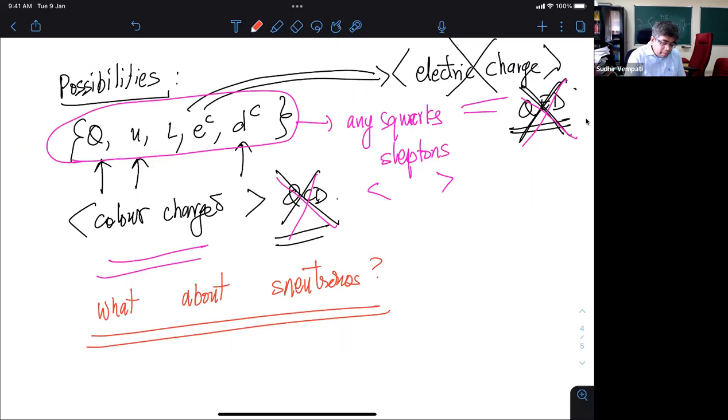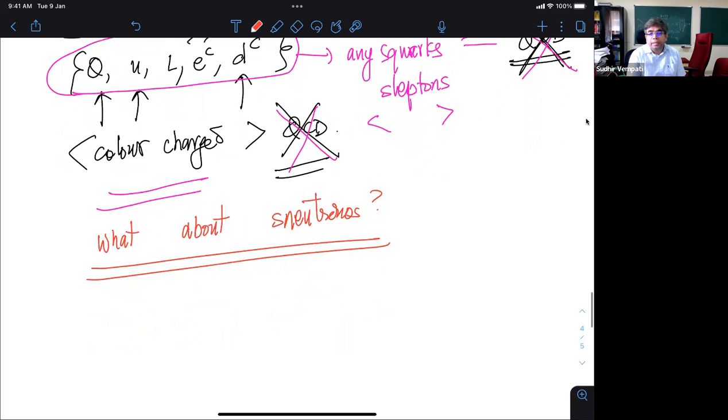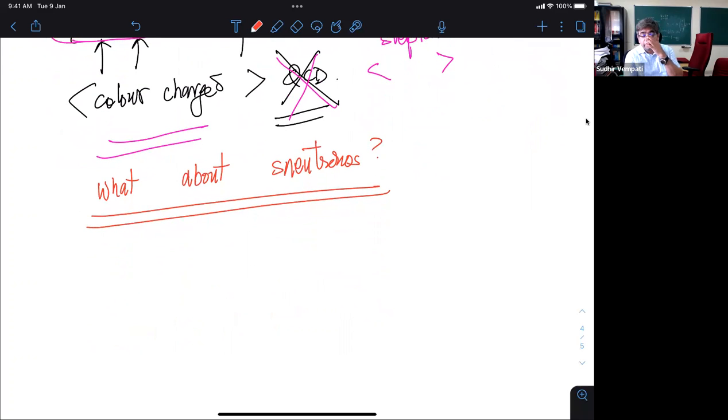It turns out supersymmetry is so interesting that you always have some condition on a given supermultiplet. For example, the supertrace of the mass of a given multiplet always goes to 0.